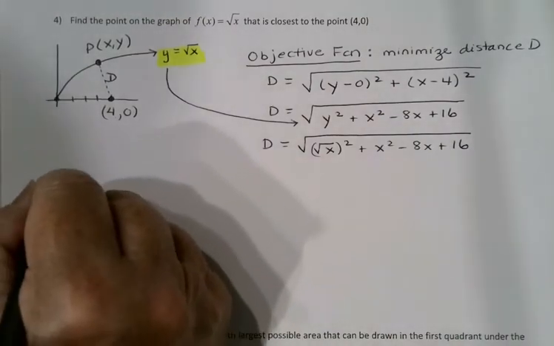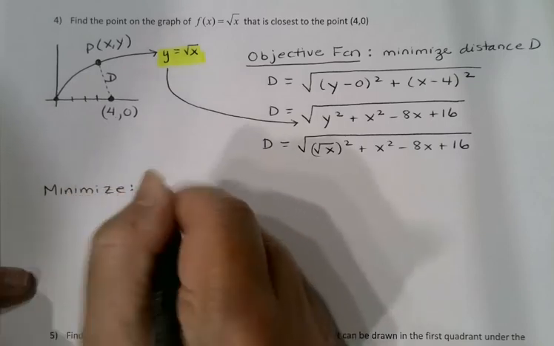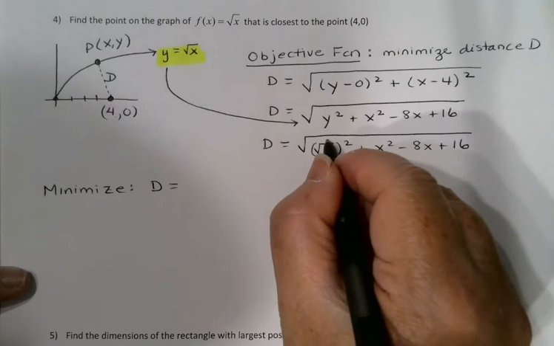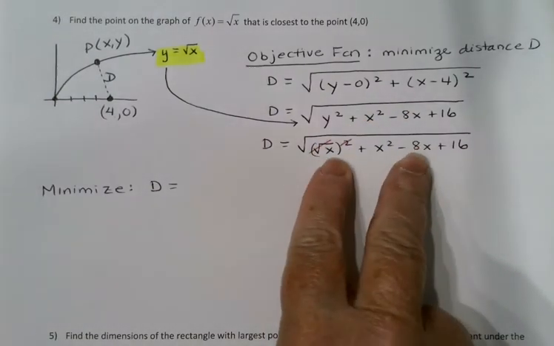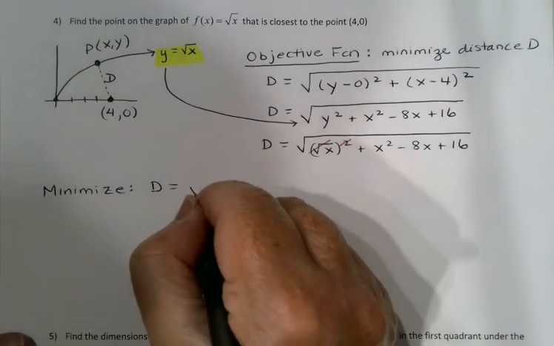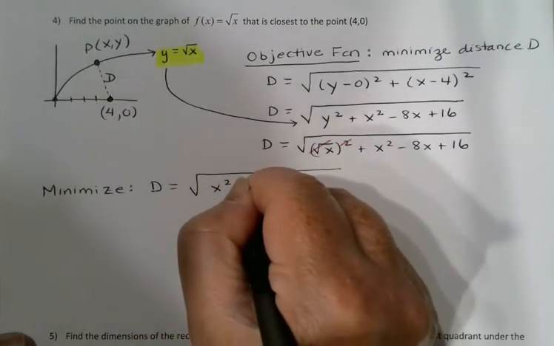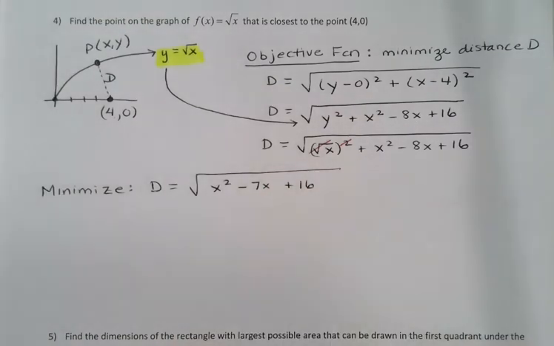And ultimately, I want to minimize the function D equals, I can get rid of the square root and the square here, and then just combine those two terms. So I actually end up with the square root of x squared minus 7x plus 16.